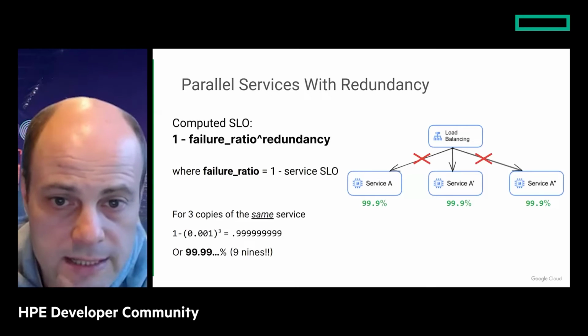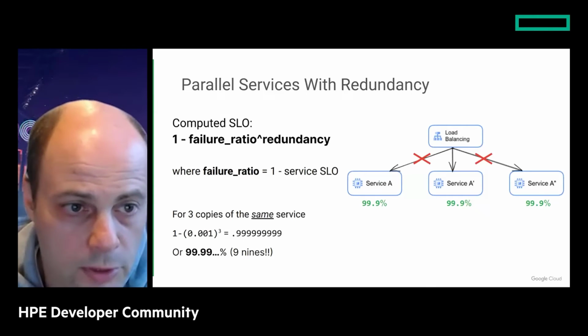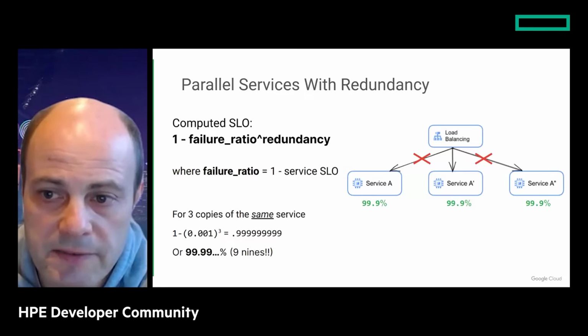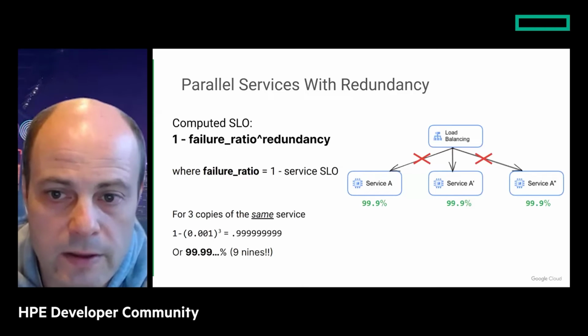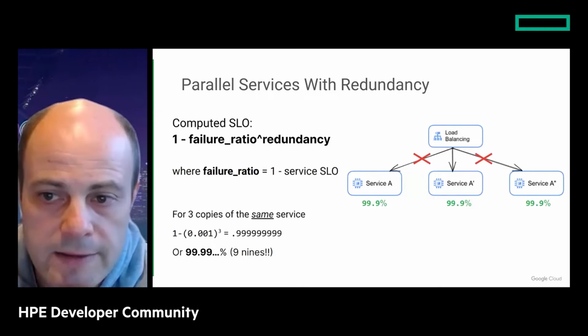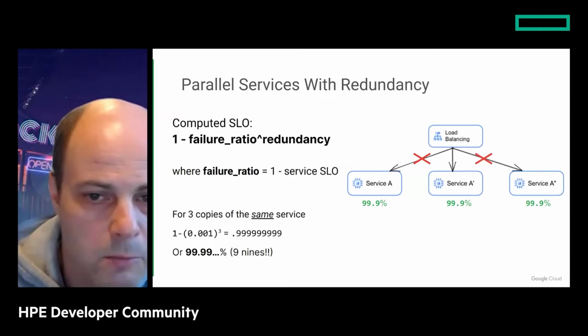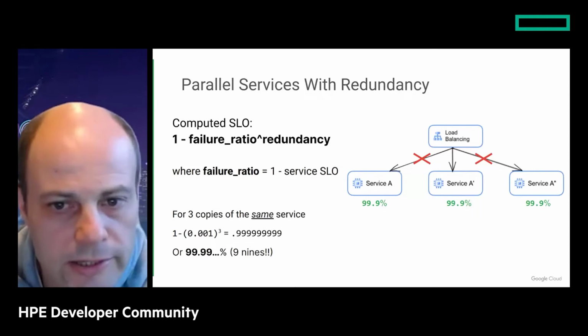So in this case, a new computation formula is here, and in the specific example with 3 copies of the service, the failure ratio is only 8 zeros and then 1. It is totally negligible.